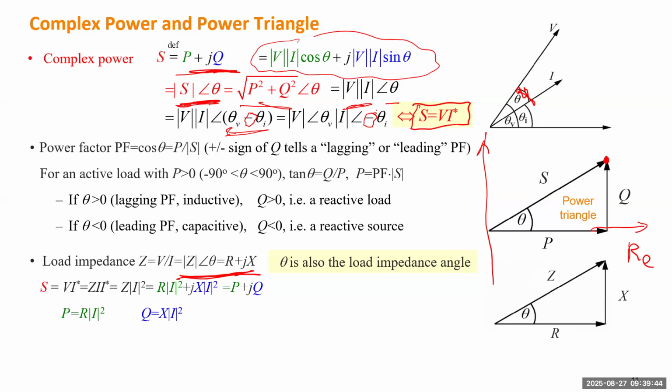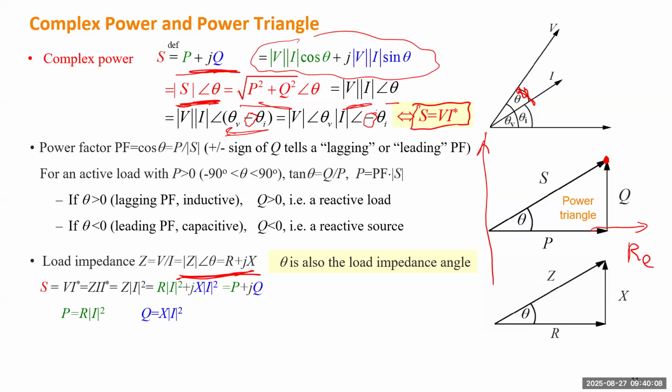So we can summarize the formulas we have. We start from the definition of complex power. If we replace the voltage by the product of impedance and current, we have this one. And I, a complex number multiplied by its conjugate, becomes the absolute value squared. Z has a real part and an imaginary part, so there are two items.